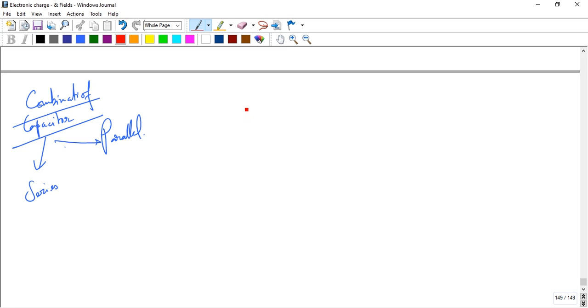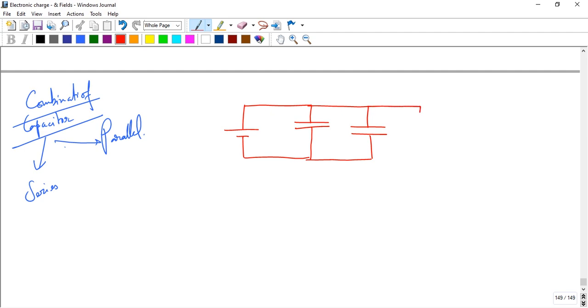Okay, there is a battery or source. That is capacitor 1, another capacitor 2, another capacitor 3.